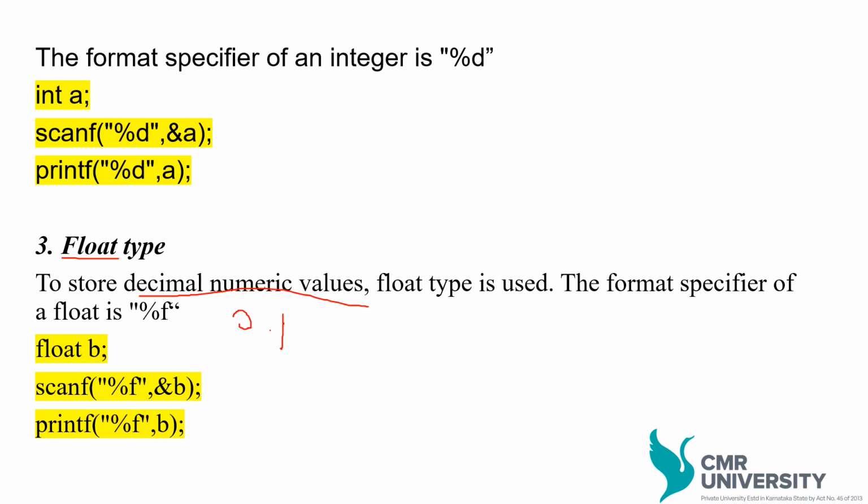Instead of int, we will use float for decimal numerical values. The format specifier for this is percentage %f. The syntax goes as float b, float followed by the variable name, and scanf and printf with the format specifier followed by the address of the variable name. So hence this is float type.